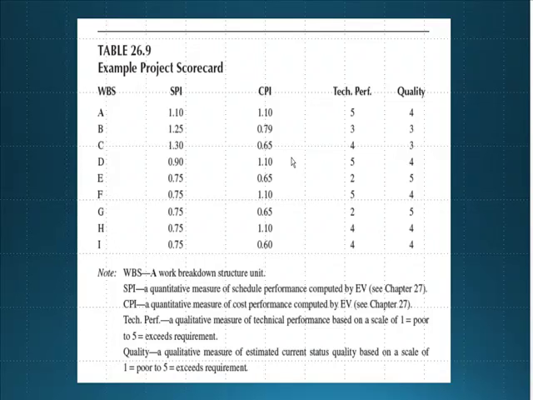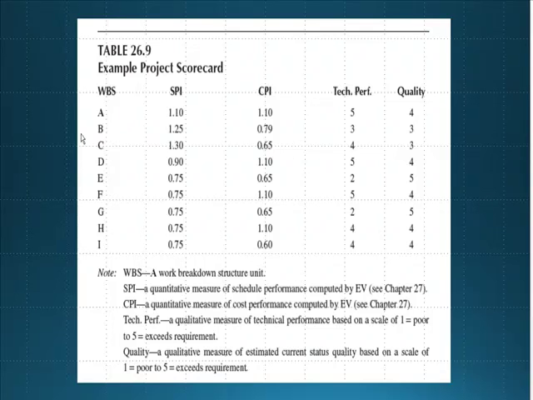Of course, for the performance indices, SPI and CPI, the larger the better. You can see that component A has a very solid schedule and cost performance compared with plan. On average it is 1.1 and 1.1, and it also has superb technical performance and quality.